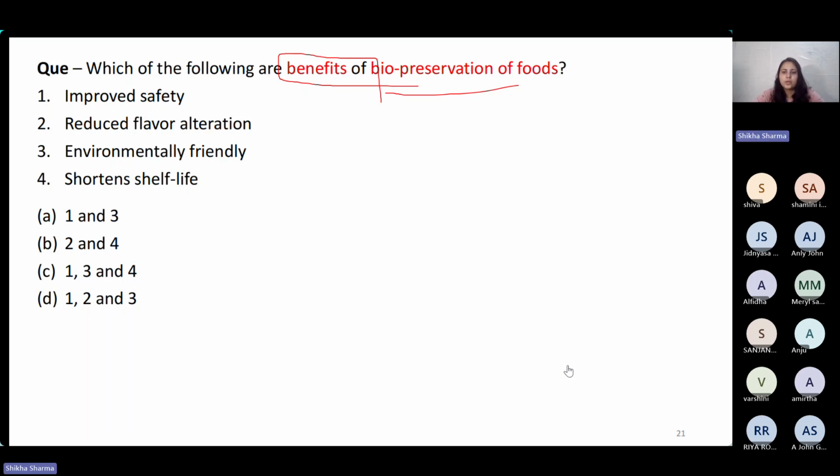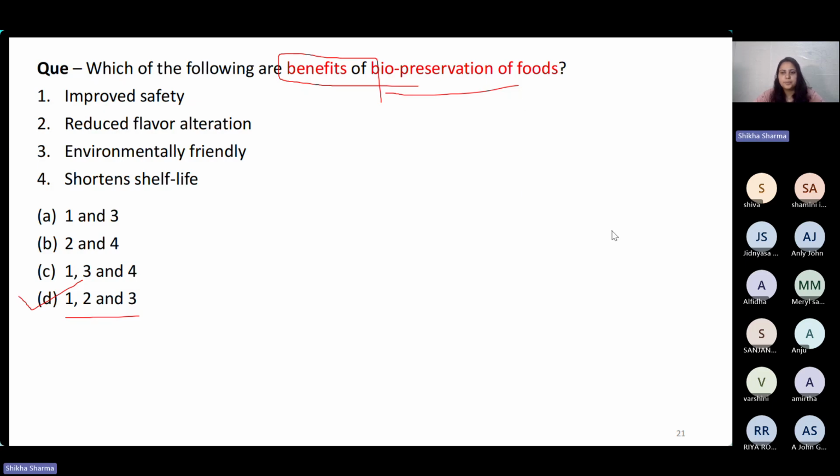Anyone who would like to answer this question? Anju says 1, 2, and 3. Shiva says 3, which is 1, 2, and 3.